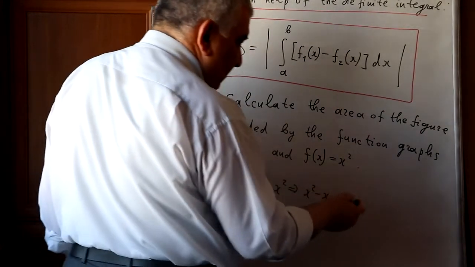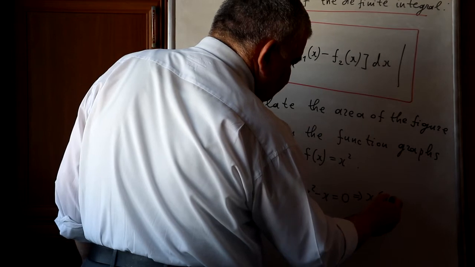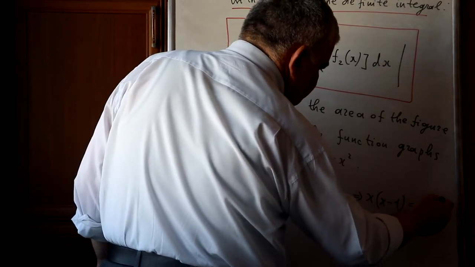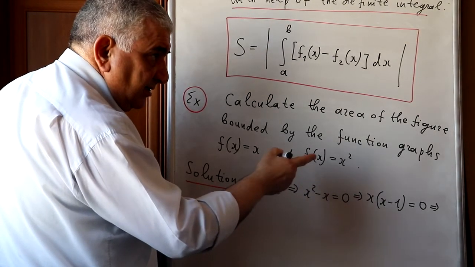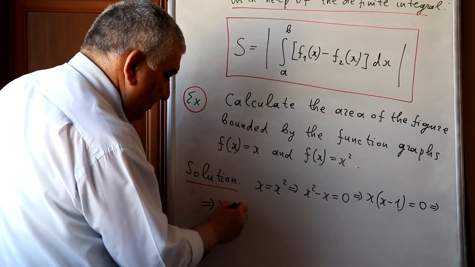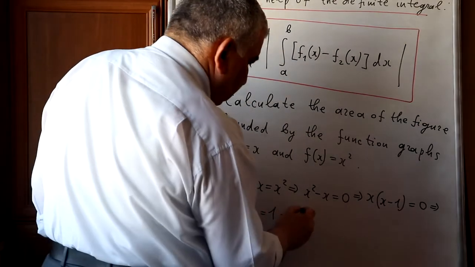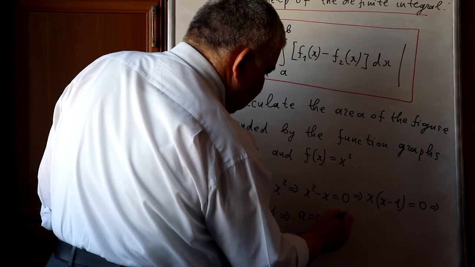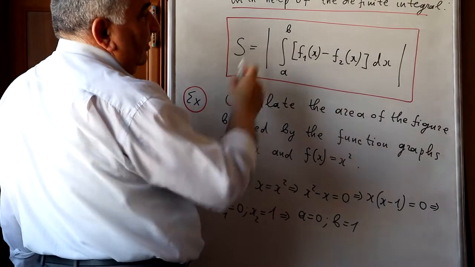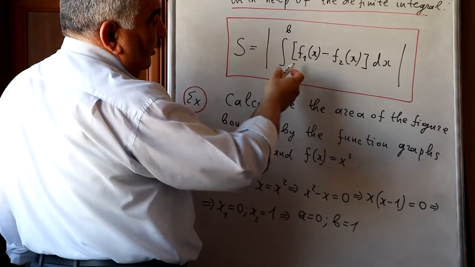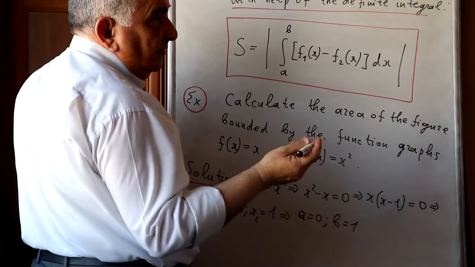Solve this equation. We can take x out of the brackets: x multiplied by x minus 1 is 0, and then we have two roots. The first root is 0 and the second root is 1. x1 is 0 and x2 is 1. That is, a is 0, b is 1. Here a can also be greater than b, or f2 of x can be greater than f1 of x.